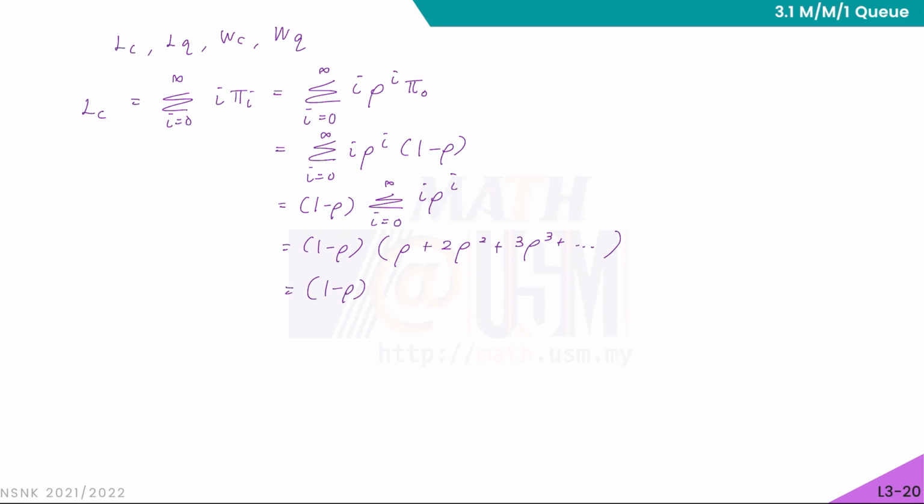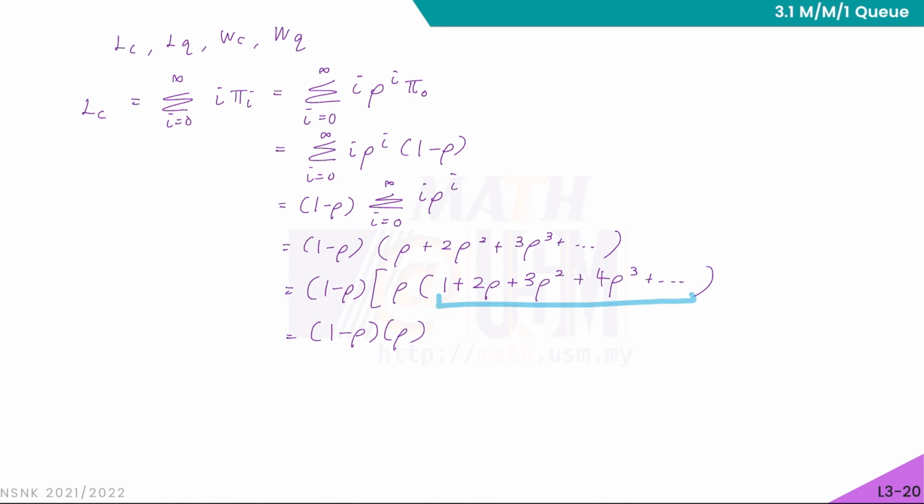Factorizing rho, you are left with 1 plus 2 rho plus 3 rho square plus 4 rho cube and so on, times (1 minus rho) times rho. We then simplify this into the summation of I equals 1 until infinity of I rho to the power of I minus 1.